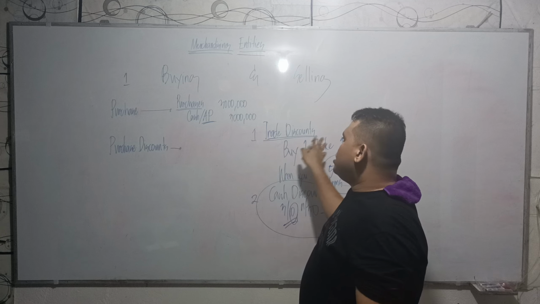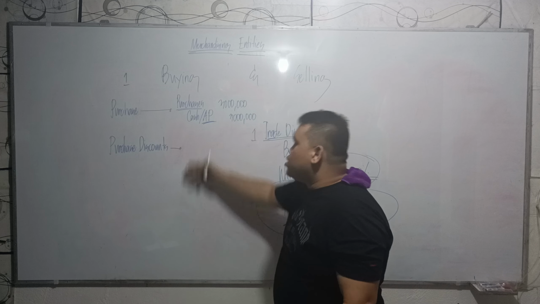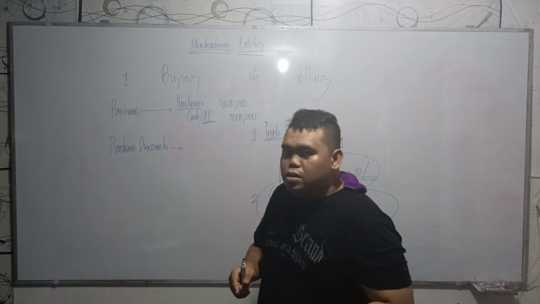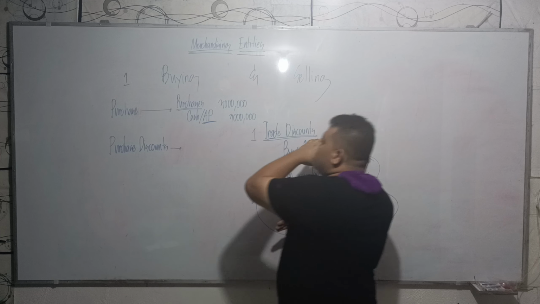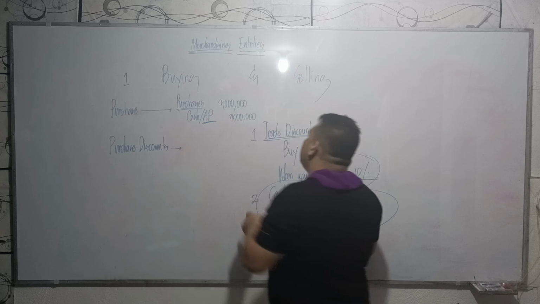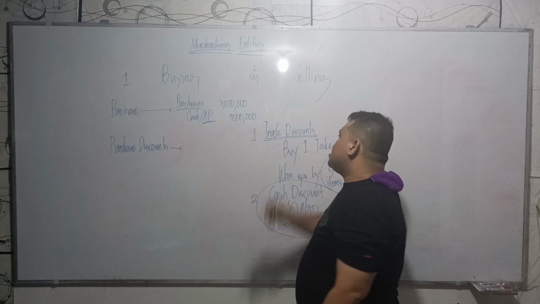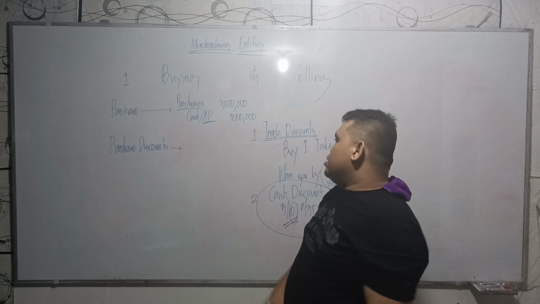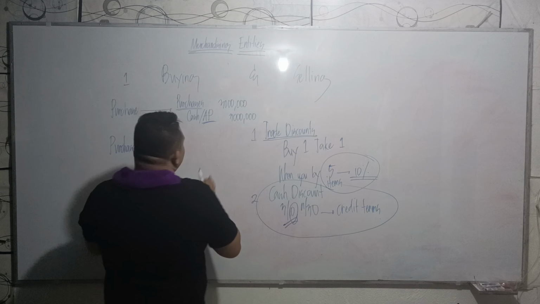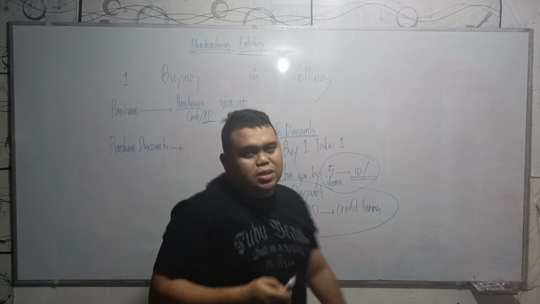There will be no effect on the buying entries of the merchandising entity. It's because it is assumed that when you purchase for this one, 3 million, it is as if already netted with trade discounts. Okay? So my point is, there is only an additional entry if we're talking about cash discounts.